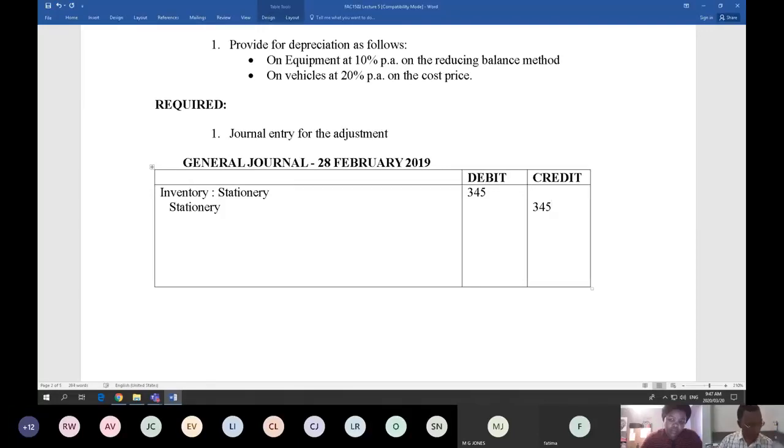So that is the first journal entry under A. I've got consumable stores on hand, and my consumable inventory that I've got on hand, in this case, is the stationery that I've got on hand.